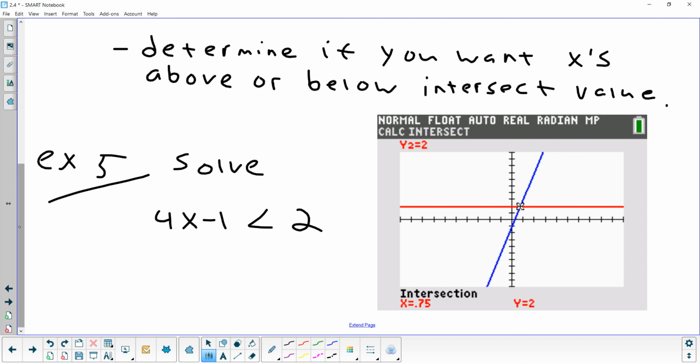Yeah, below. If you pick a value, let's say of -1, and you plug it in on the red graph, you get that. If you plug -1 in on the blue graph, you get that. The blue graph is definitely under the red graph when x is -1. And it will be for every x value below 0.75.